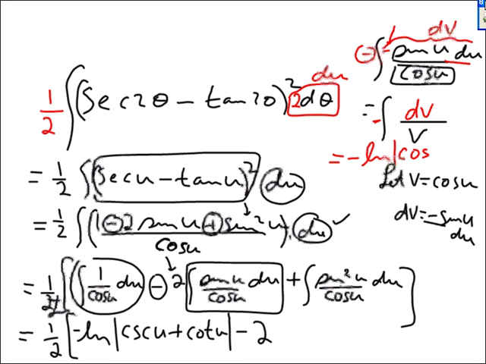And u was 2 theta. So it's minus 2. Also, it has another minus, so it becomes plus 2 ln of cosine of 2 theta.